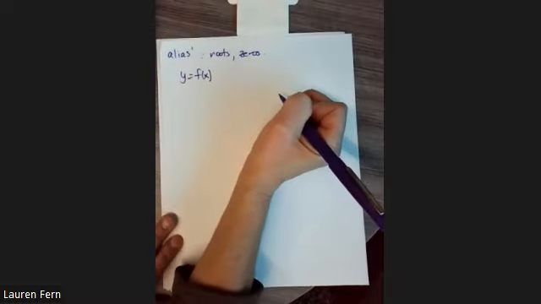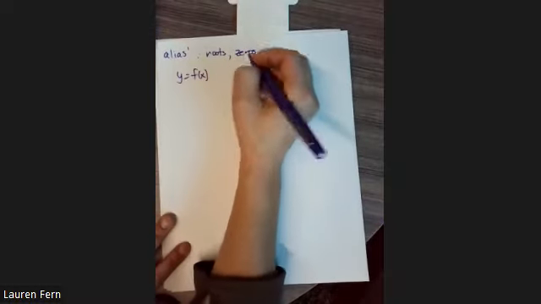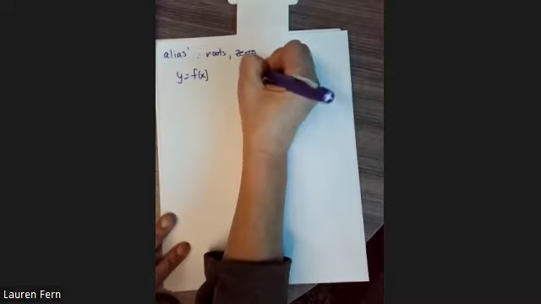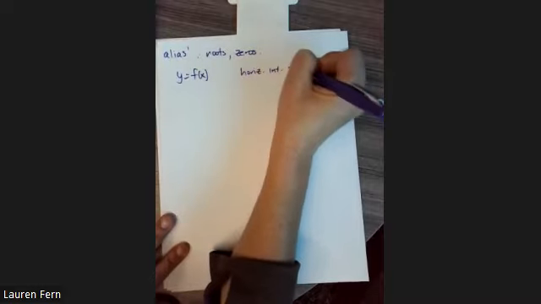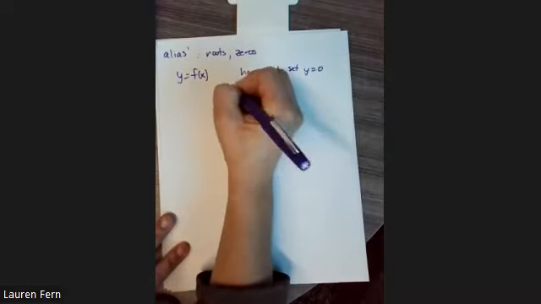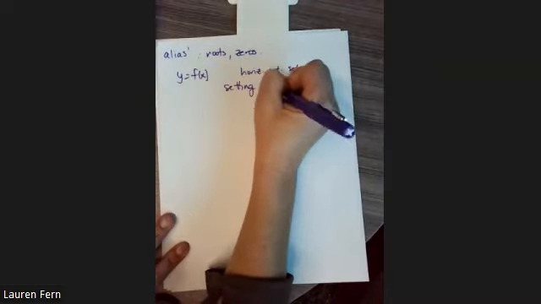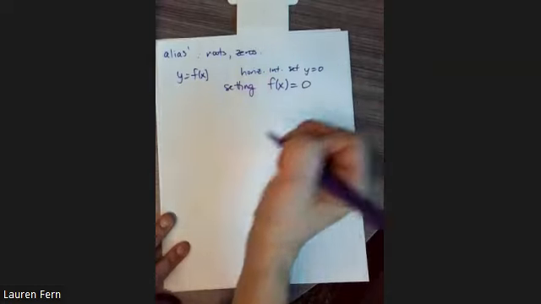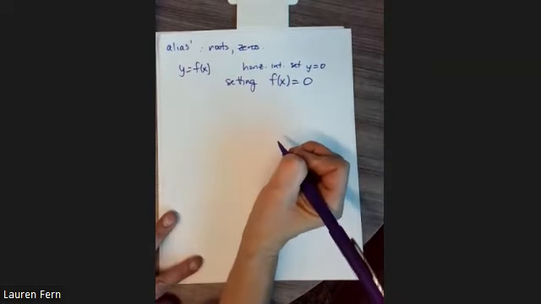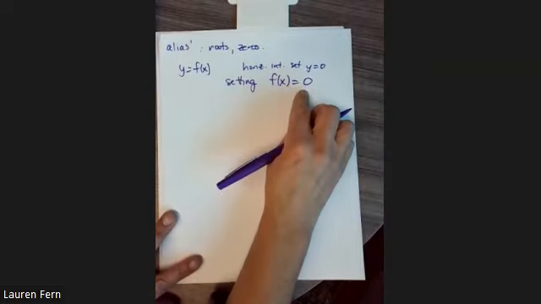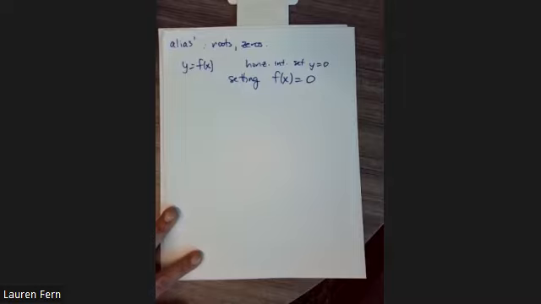Recall, if we have y equals f of x, and we want to find that horizontal intercept, we set y equal to 0. In other words, what we're doing is we're setting our function equal to 0, okay? And what we want to do is find those values of x, okay?